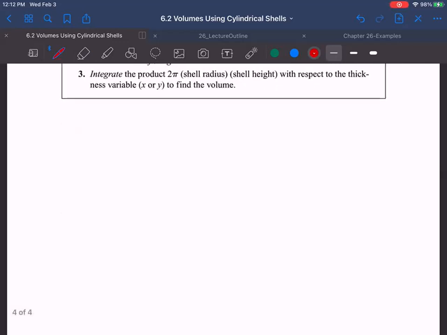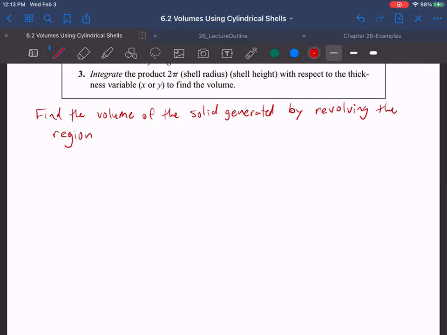We want to find the volume of the solid generated by revolving the region enclosed by the graphs of y equals e to the negative x squared.